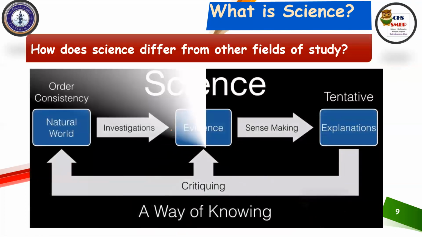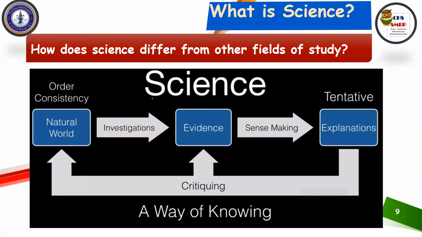How does science differ from other fields of study? So you see, the natural world always maintains order. And if you have some questions about some phenomena, then you must investigate. So how do you investigate? Investigation means observation, right? So you have to observe the things with objectivity, with facts and figures, not subjective.